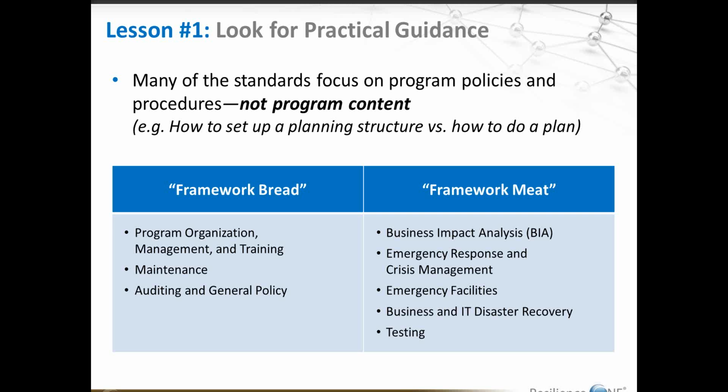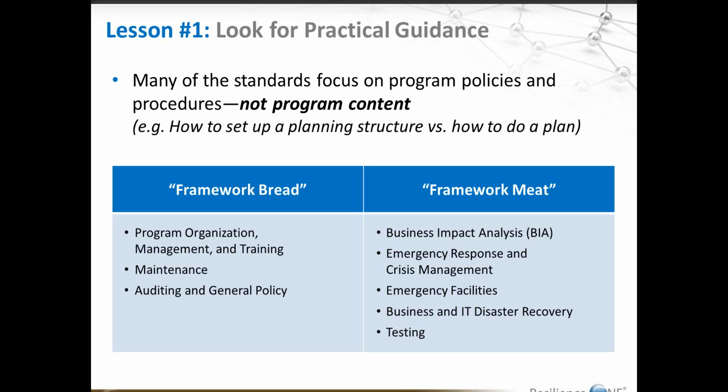There is a ton of that within those standards, restated again and again from what we saw. They pretty much say a lot of the same types of things. What do you need to establish that framework? What types of teams? So that framework bread is plentiful in many of these standards.